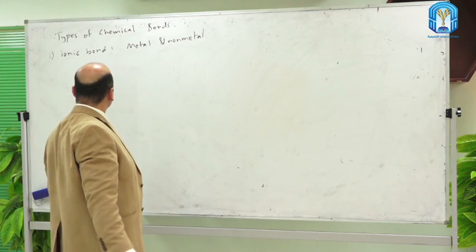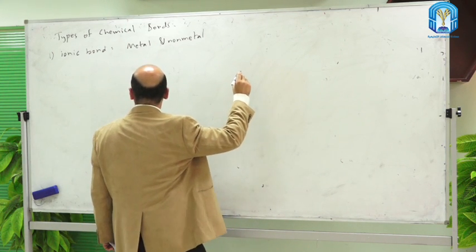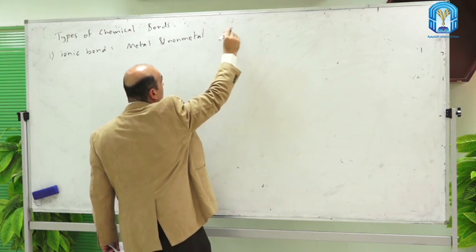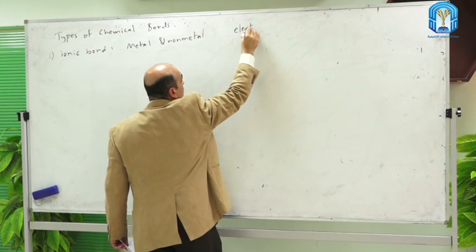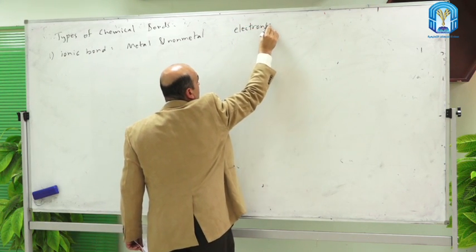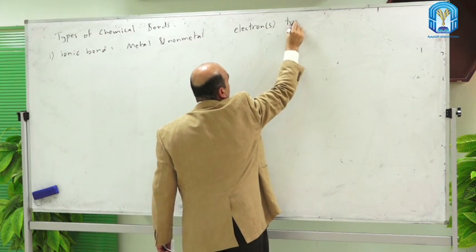In the ionic type, one electron or more than one electron is transferred.